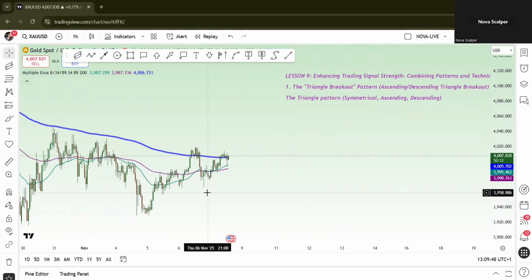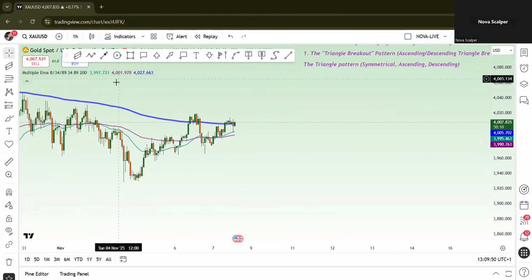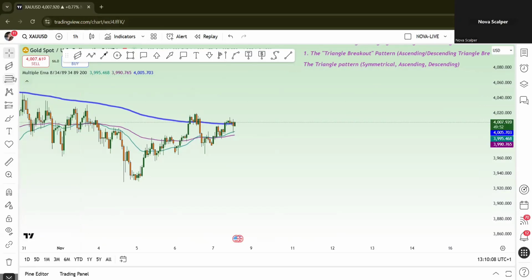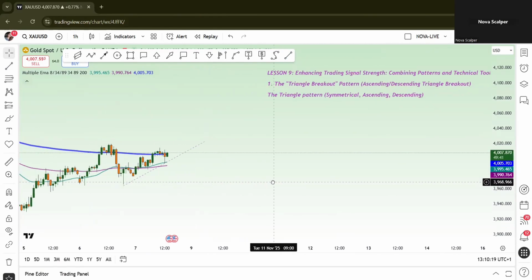Like this one, you can see that gold price on a 1 hour time frame is forming higher lows at the moment, right? Even though higher highs haven't formed yet, we can identify an upper trend line and a lower trend line down here by using this trend line connecting the lows together, close to the candlesticks near each other.